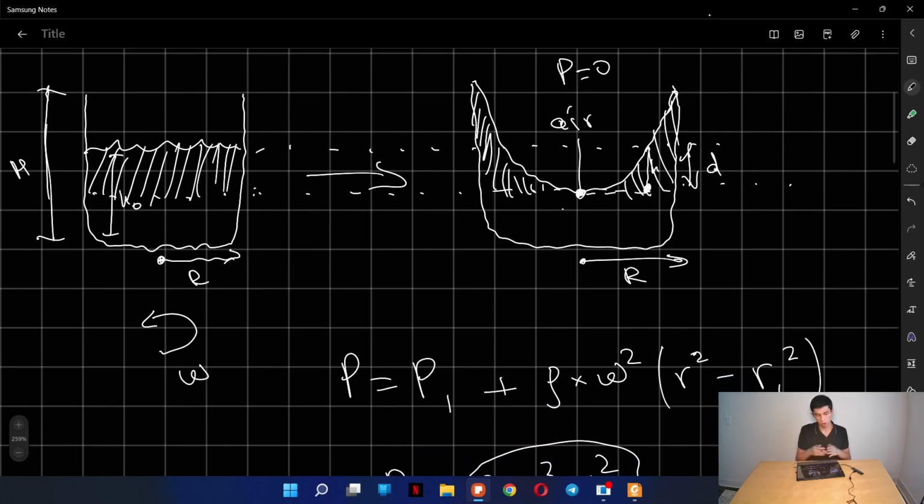So what we can do is make those volumes equal to each other, so that we determine the frequency at which no water is leaving our cylinder.